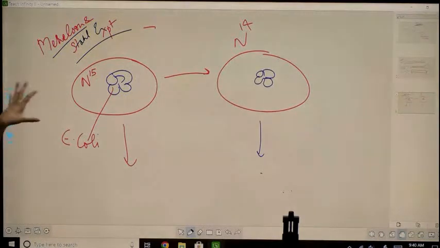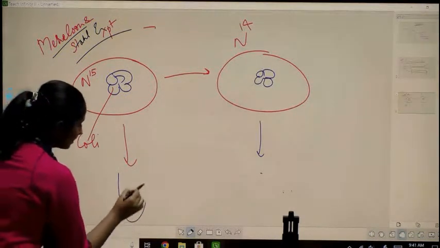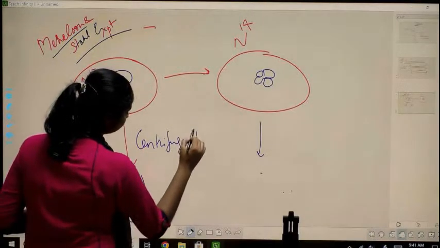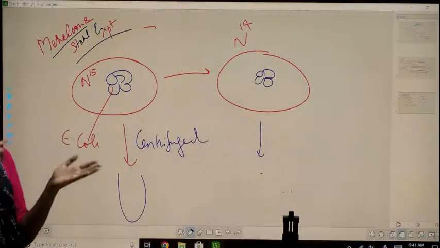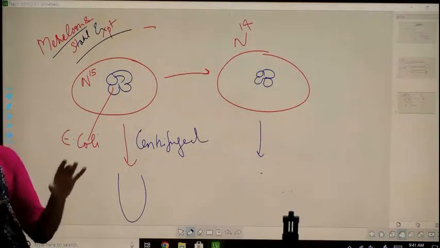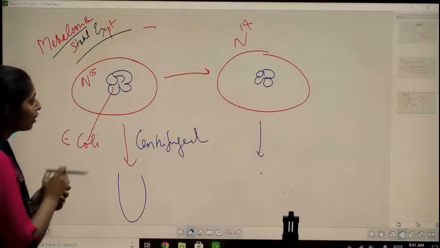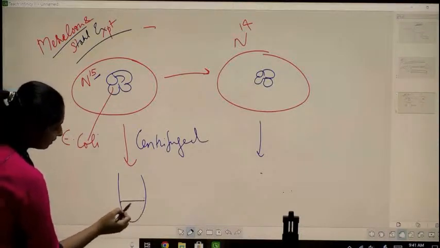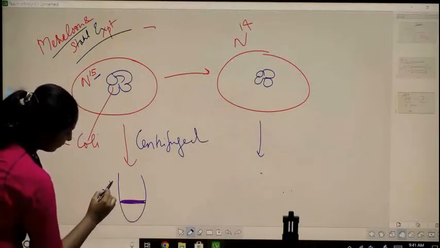So first, when they were growing the bacteria in N15, they took a sample of it and centrifuged it. In the process of centrifugation, the mixture is spun, and the components separate according to their density. N15 being heavier settled and formed a band at the bottom.